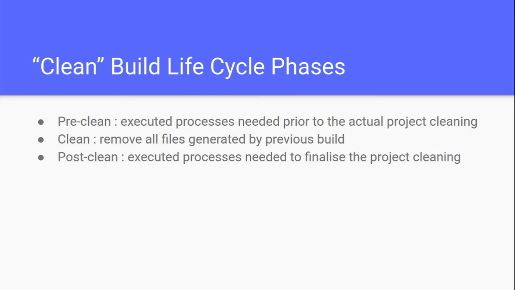Whenever we build a project in Maven, all the class files and jars are created in a folder called target, and that folder gets deleted when we execute the clean phase in Maven. In post-clean, Maven executes all the necessary tasks that are needed to finalize the project cleaning.